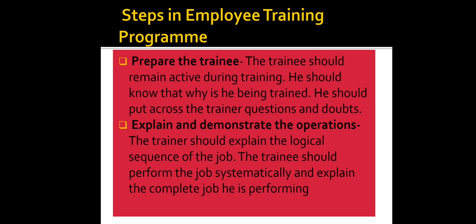Then the next step, explain and demonstrate the operations. The trainer should explain the logical sequence of the job. The trainee should perform the job systematically and explain the complete job he is performing. Whatever task the trainee has been told, he should perform it systematically after following all the steps, and he should also explain the complete job that he is performing. His mistakes should be rectified.